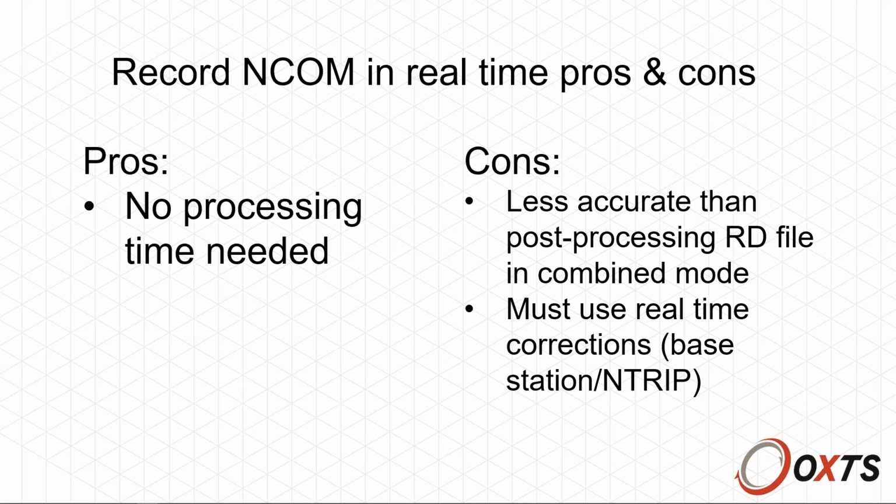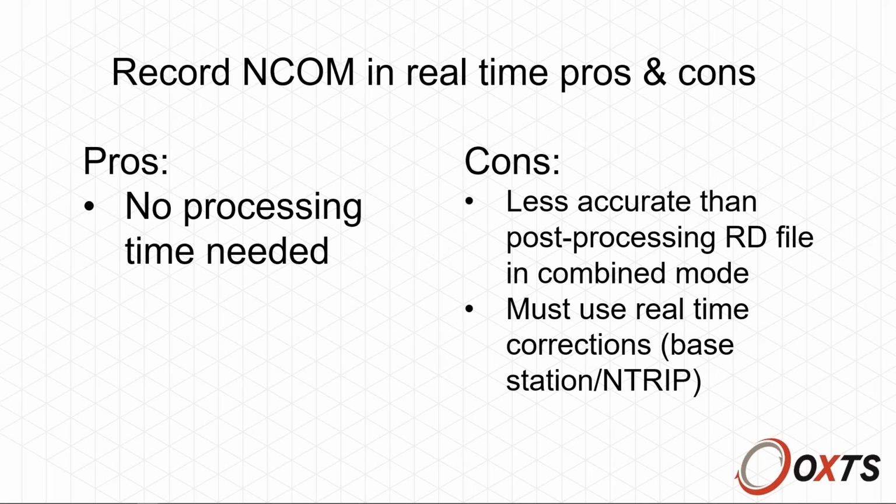So there are pros and cons of logging your real-time XCOM. The pro is that obviously you have no processing time needed because you're effectively using the processing power of the box to do this. But then the cons are you get less accurate data than if you were to post-process an RD file.